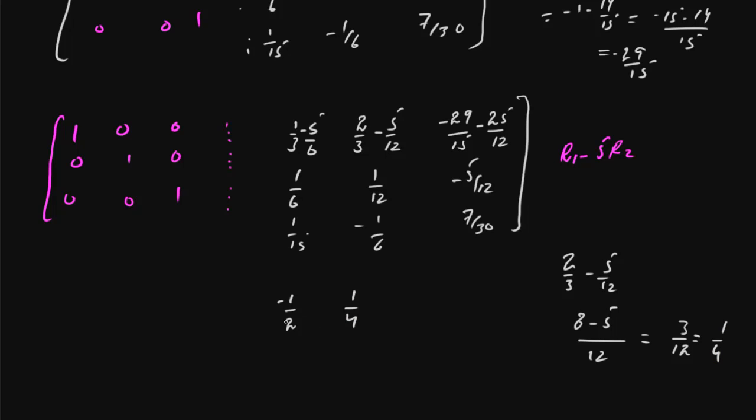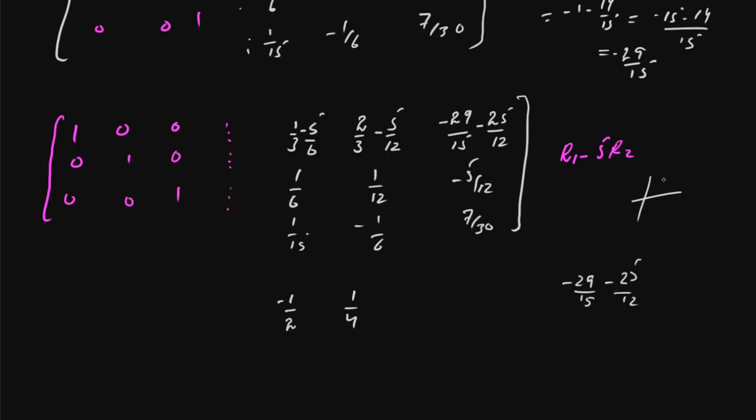And now next we have the final one which we are going to do, and we have minus 29 over 15 and minus 25 over 12. We will just take the LCM, and by factorization we can easily do that.